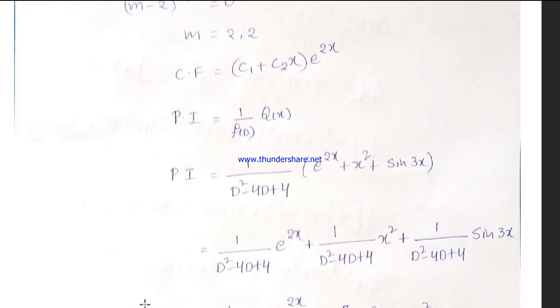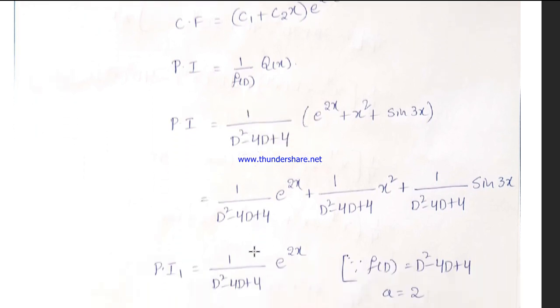You can consider this as particular integral 1, this as particular integral 2, this as particular integral 3. So separately you can find it. Finally you can add pi1, pi2, pi3. That is an easy procedure to find the particular integral with a combination of 2 or 3 methods.